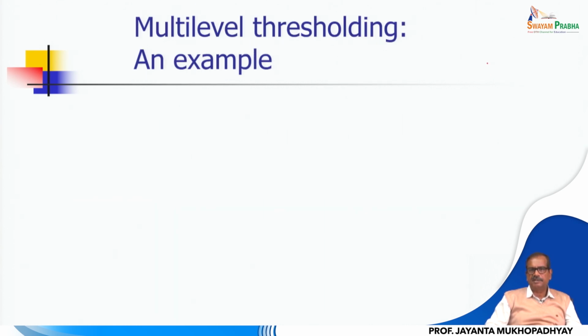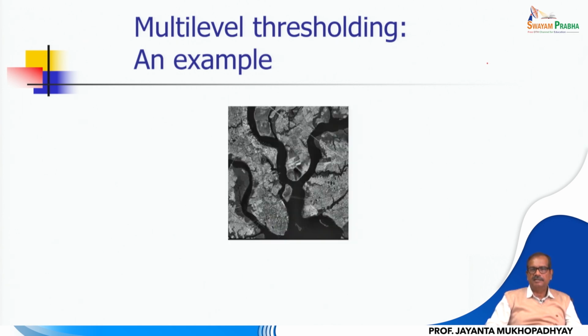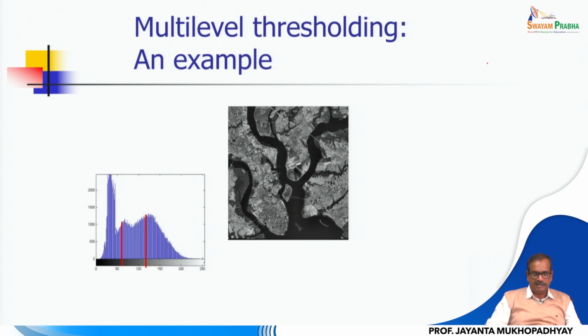One example of multi-level thresholding: I applied this to the histogram. I did not apply this analysis at pixel level, but to histograms, and then computed those thresholds. That's how you now get the multiple thresholds. This is the example. Once again, I have used the enhanced image where the peaks are very prominent.